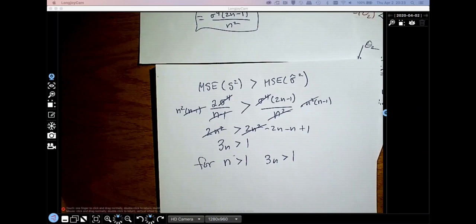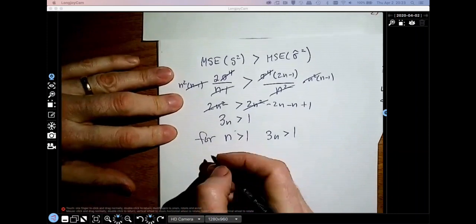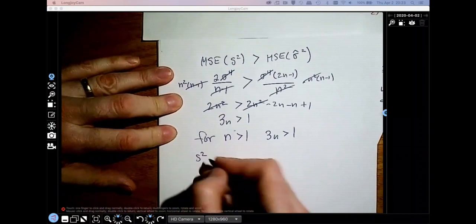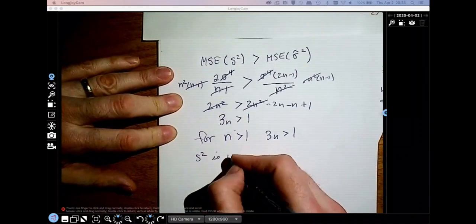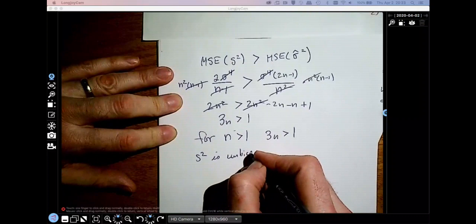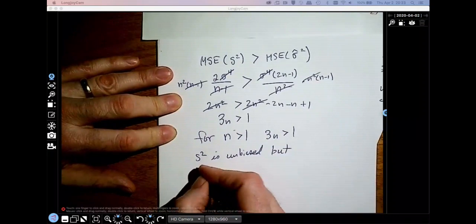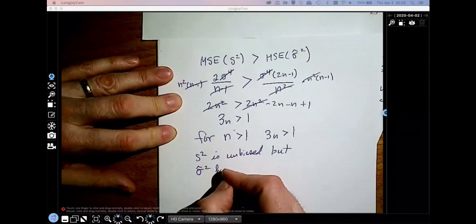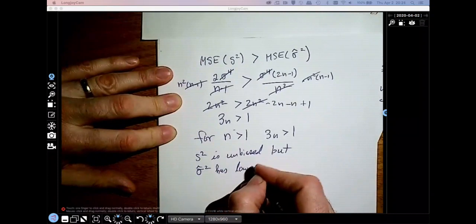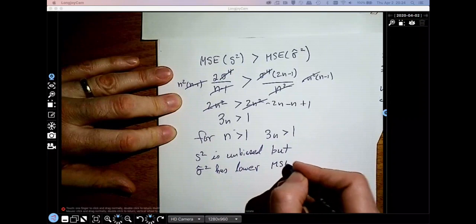What you want to remember, though, is the big idea. The big idea is that S squared is unbiased, but sigma hat squared has lower mean squared error.